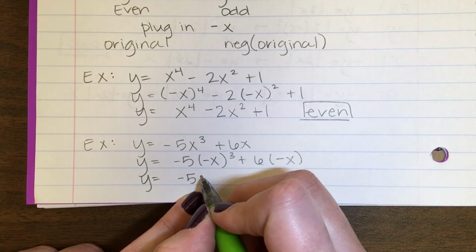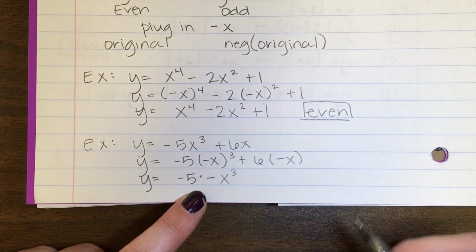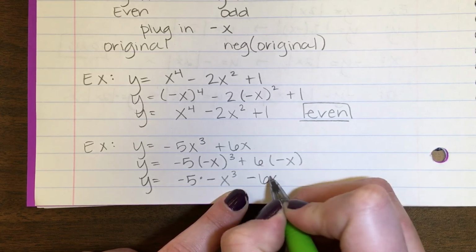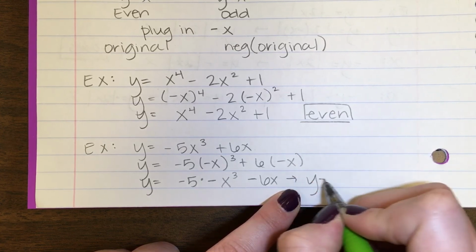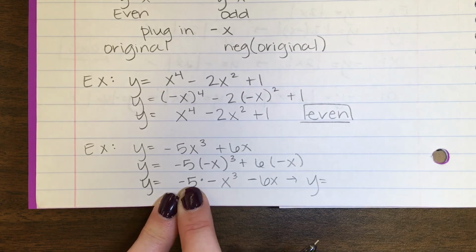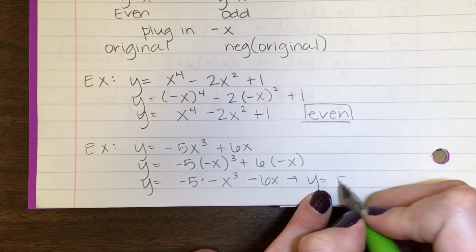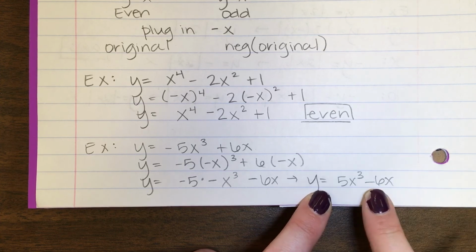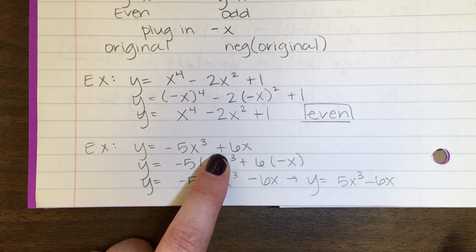So this is being multiplied by negative of x to the third. All right, and then 6 times negative x is just minus 6x. So if I keep simplifying that, I'm going to get y equals negative 5 times negative x to the third is positive 5x to the third minus 6x. And if I compare this to the original, I can see that they are not the same. And so that means that this graph is definitely not even.